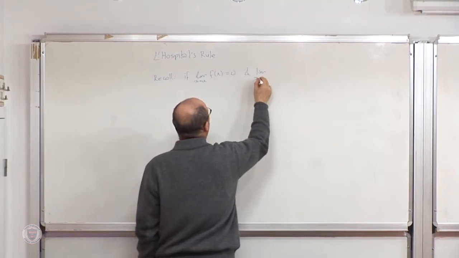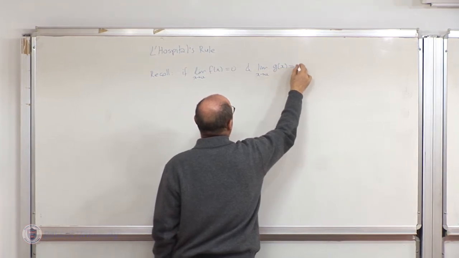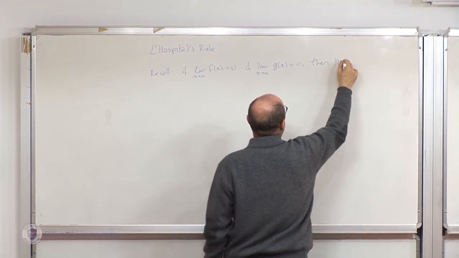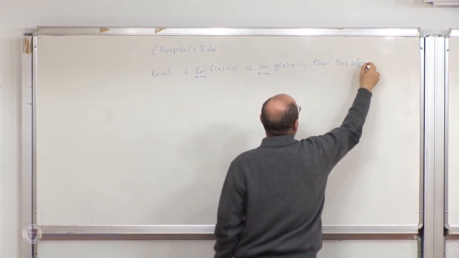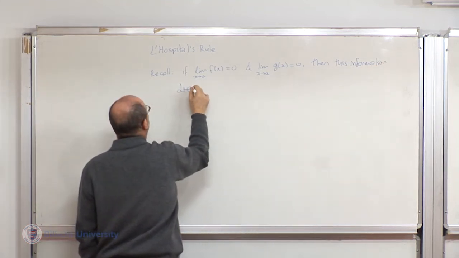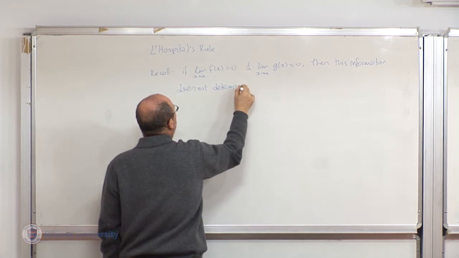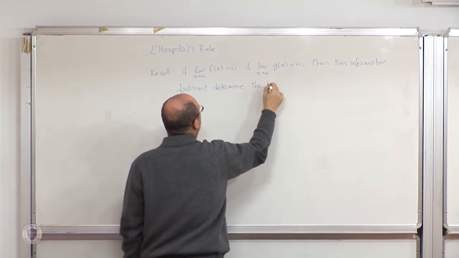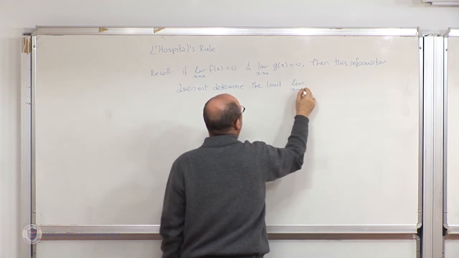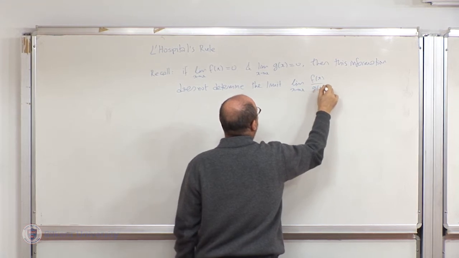I was trying to write both of them in one sentence, but let's write it in two sentences. Then this information does not determine the limit as x goes to a of f of x over g of x.